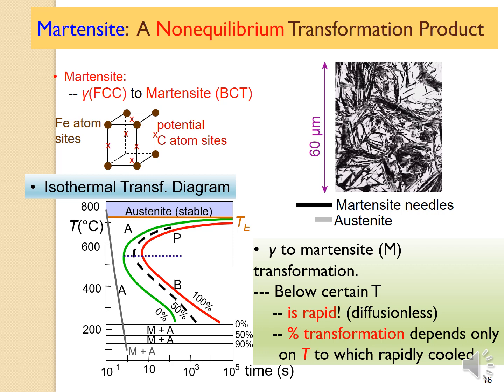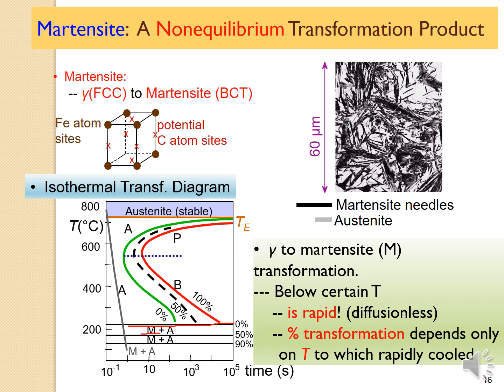It requires a very rapid cooling. So you see this cooling curve in order to have martensite. Here are the martensite composition lines. We have 0% over here, and it's a horizontal line instead of those curves.